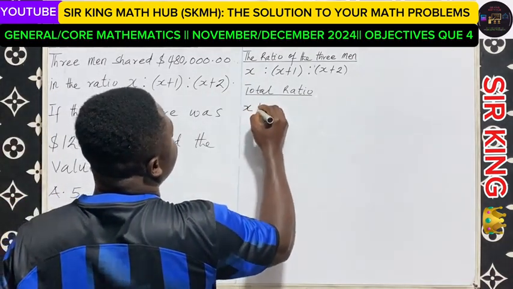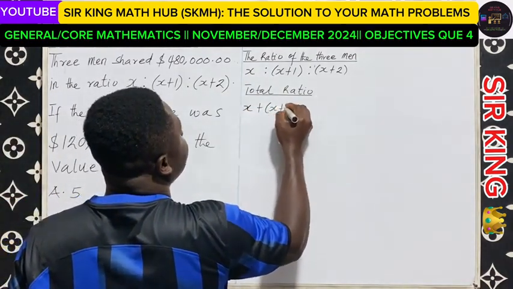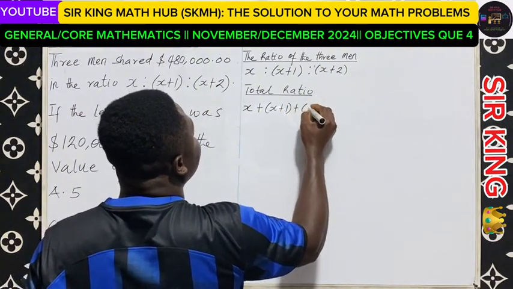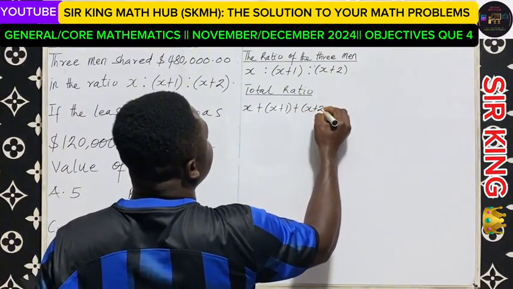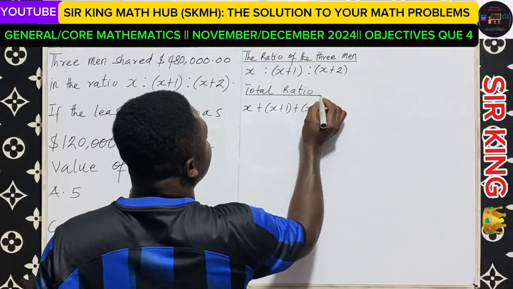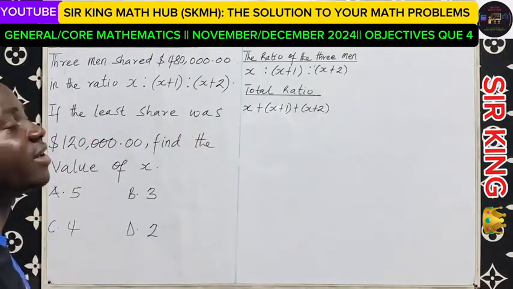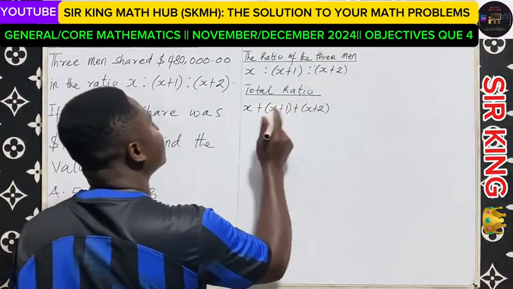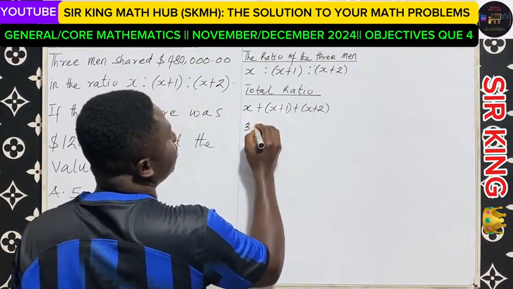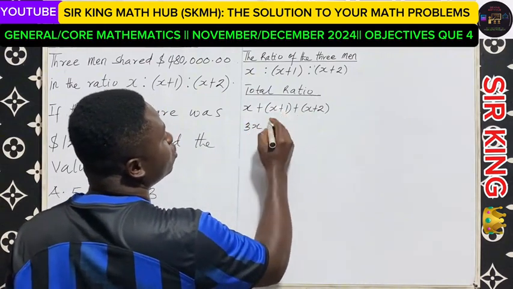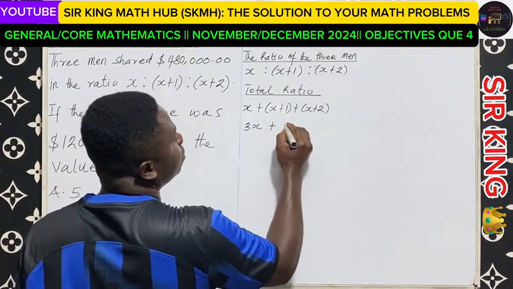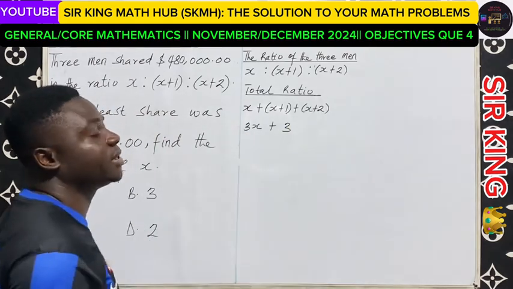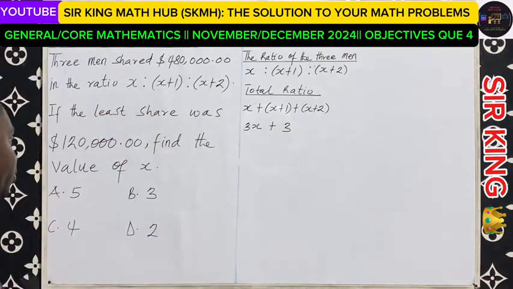So x plus 1 plus x plus 2. Let's simplify. X plus x plus x, we have 3x, and then 1 plus 2, that is 3. So there is the expression for their total ratio.